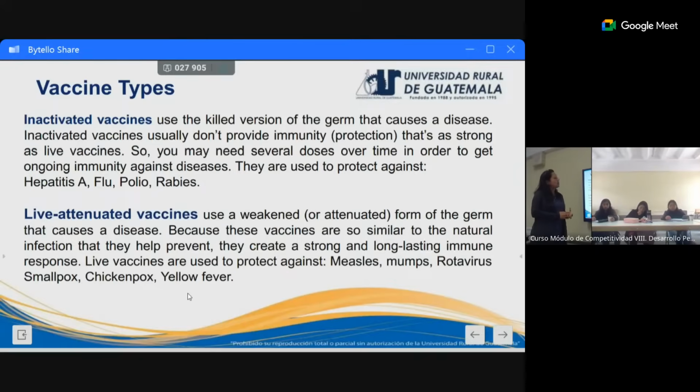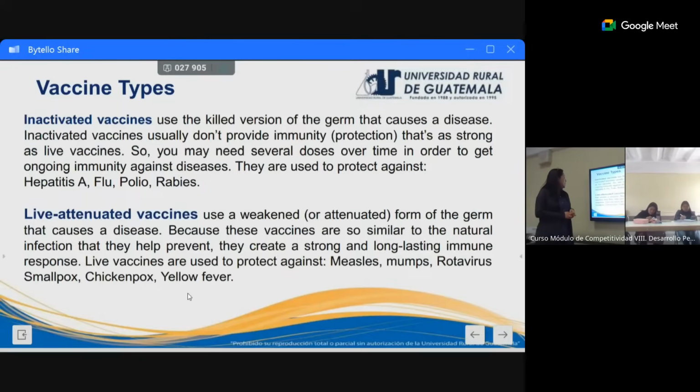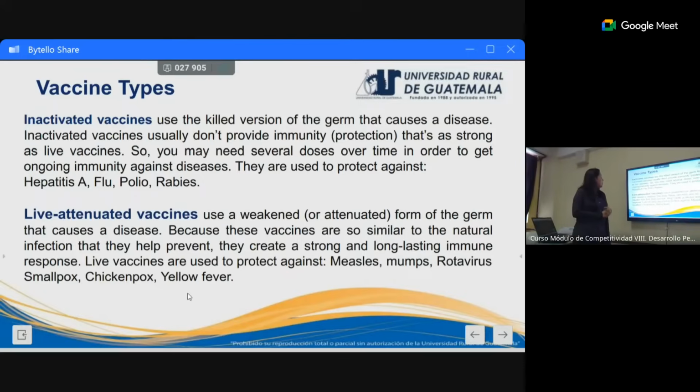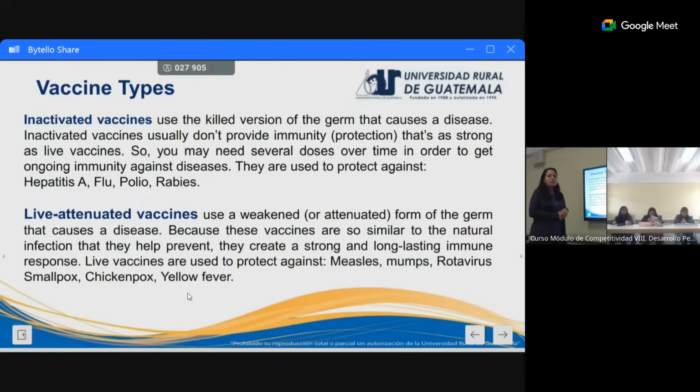Because these vaccines are so similar to the natural infection that they help prevent, they create a strong and long-lasting immune response.